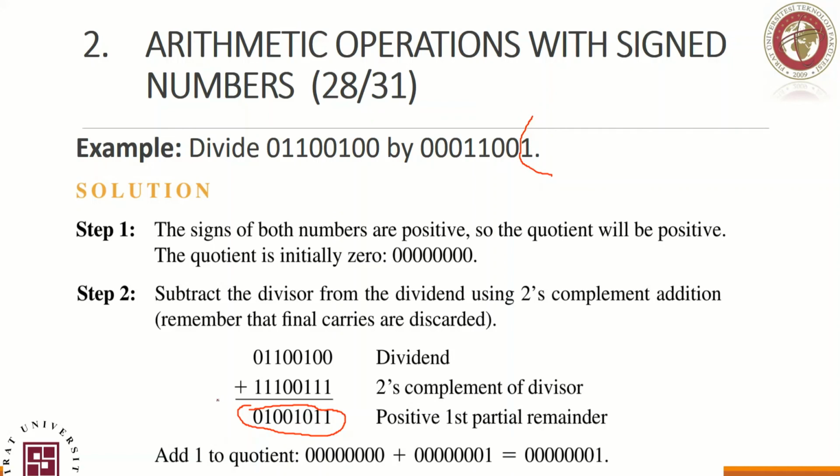Now, we have 1 carried. Actually, ignore it, discard it. Whatever carry you get, discard it, okay? So, since this one is not 0, add 1 to the quotient. We initialize the quotient to 0, add 1 to it. So 0, 0, 0 plus 0, 0, 0, 1, that is all zeros, the least significant bit is 1.